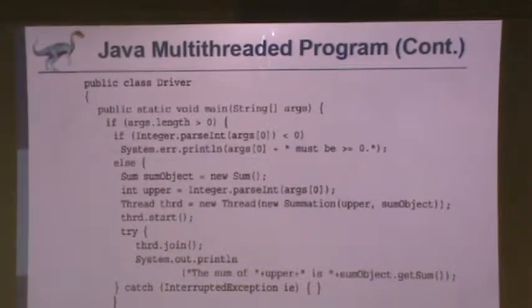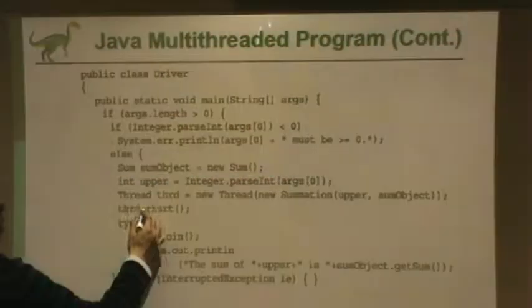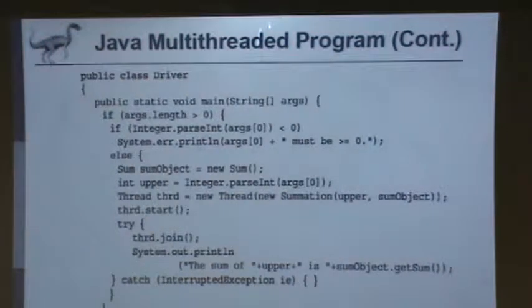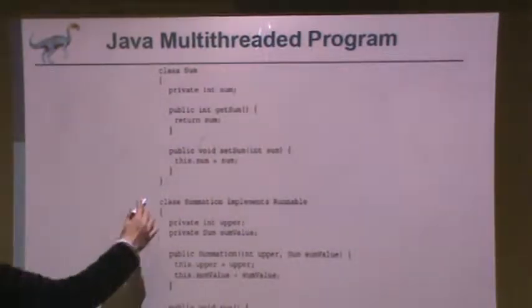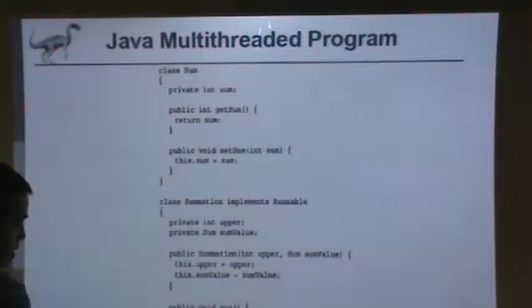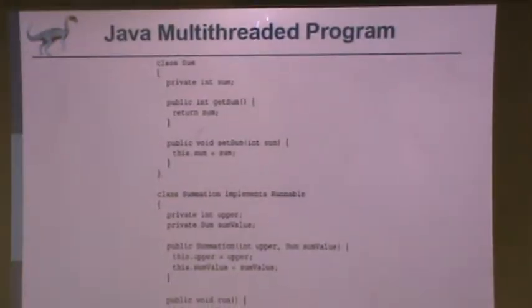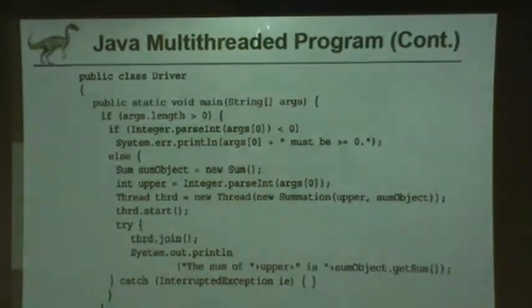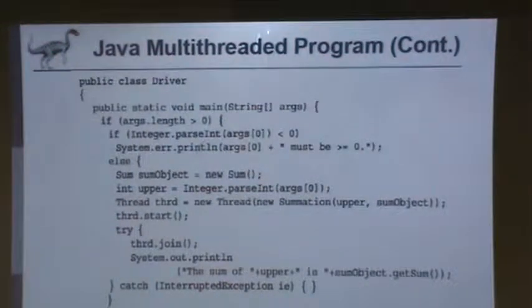You're seeing here, it creates a new thread and starts it. After the thread starts, you will find the run method here. After that, there's also a join method, where we call it to check whether the child thread is finished or not.